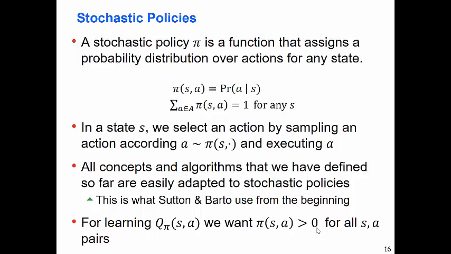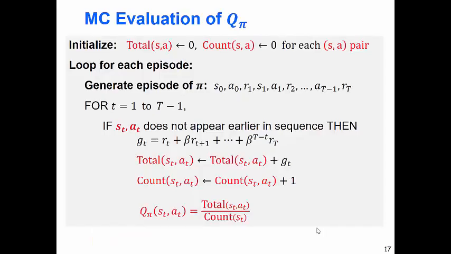All right. So then we basically have the same exact code. Right? You're going to generate trajectories, except now you're going to have some stochastic policy, and then you run this code. And what you can say is that if you run this forever, these values are all going to converge to the true Q values for every state action pair.